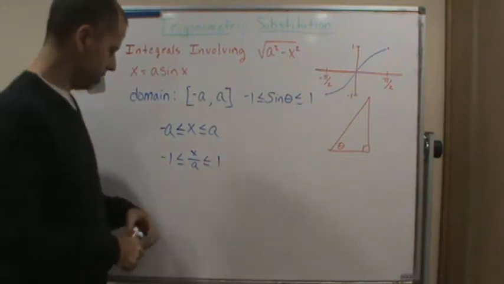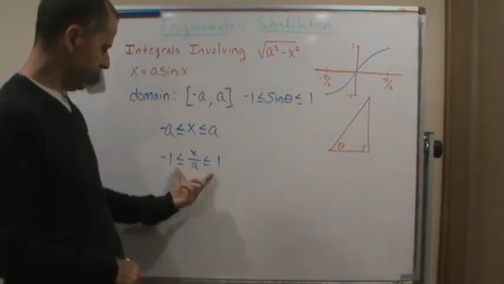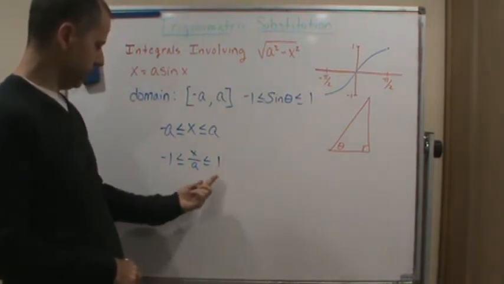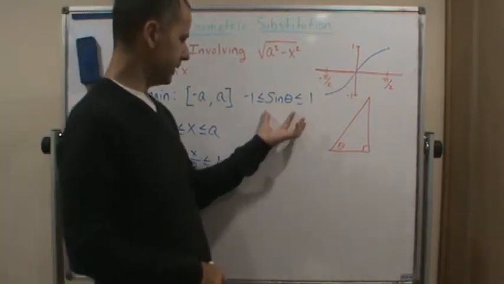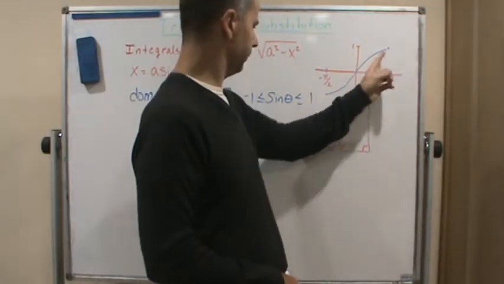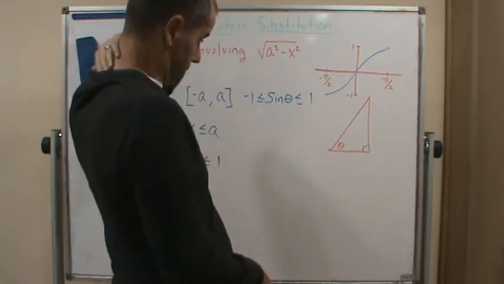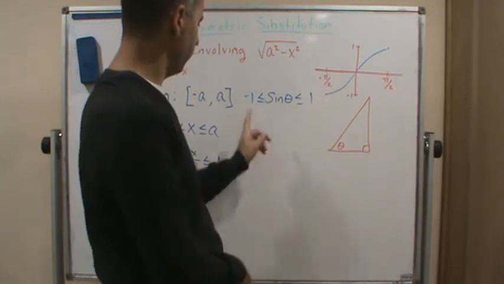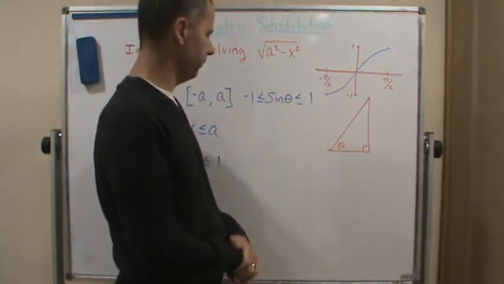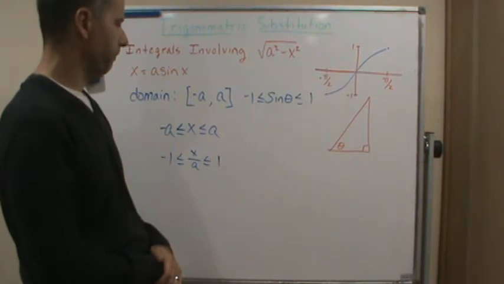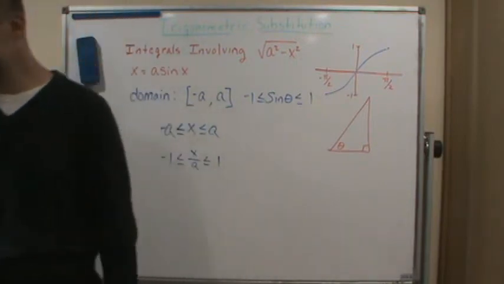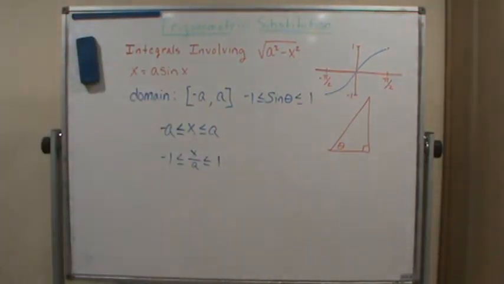Notice that x divided by a is between -1 and 1. We also know that sine is between -1 and 1, right? So those two are on the same interval.